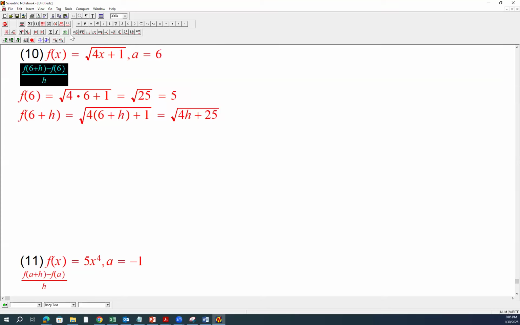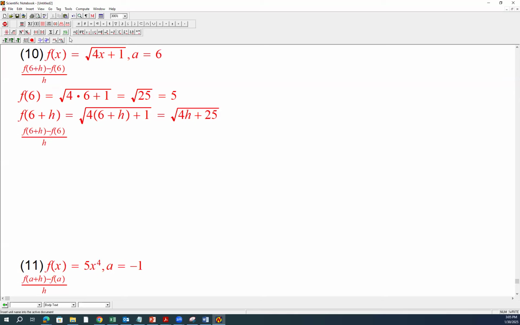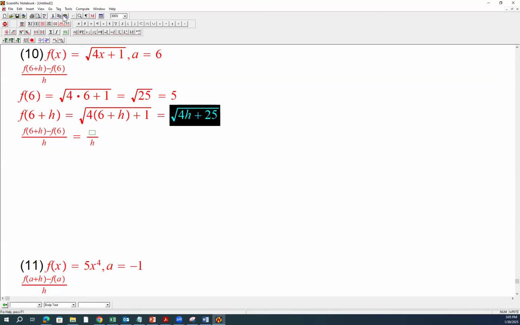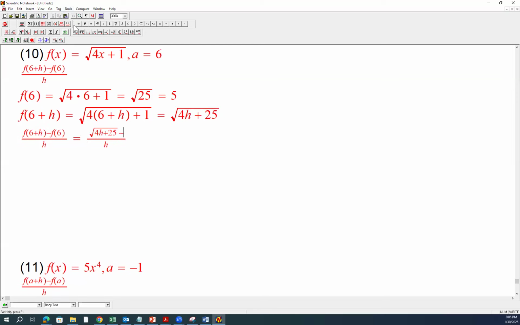And then we're going to go straight to our expression. The denominator is h. In the numerator, we have 1 subtract the other. Be patient with ourselves. We can do it, and we've done so much, right?